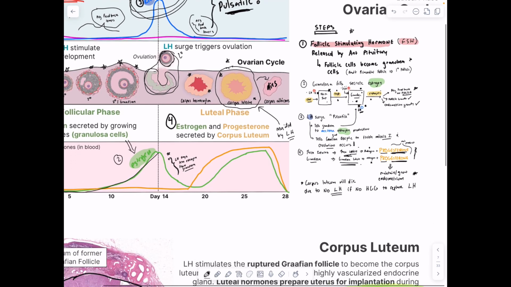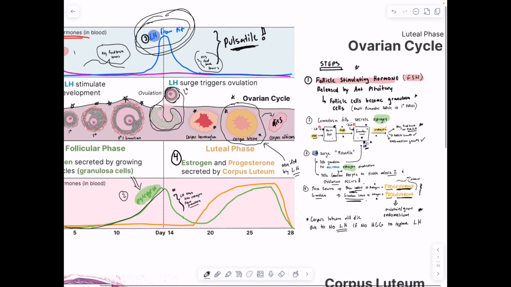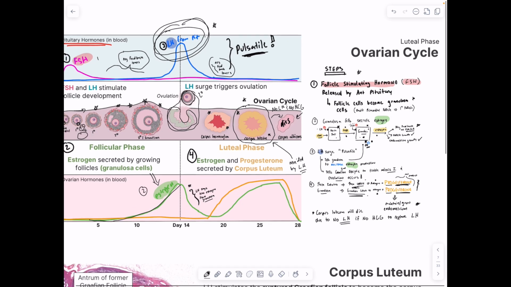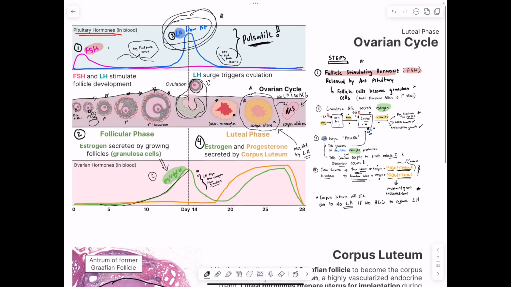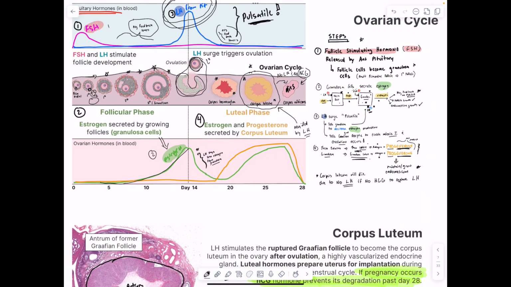All right, this is problematic because we're not going to get any more luteinizing hormone, but we could get HCG if our female becomes pregnant. And so if there's no luteinizing hormone, which there won't be, and no pregnancy, no HCG, then your corpus luteum is going to die. But if you do have pregnancy, the placenta is going to make HCG.